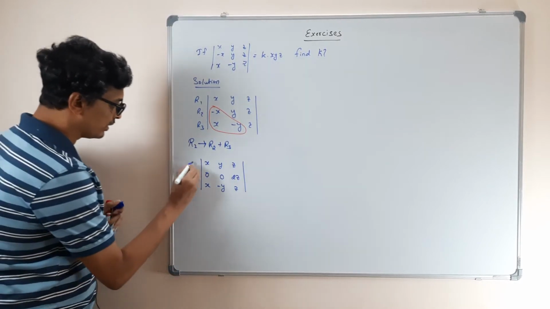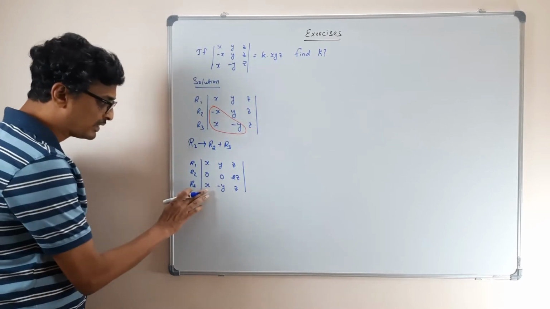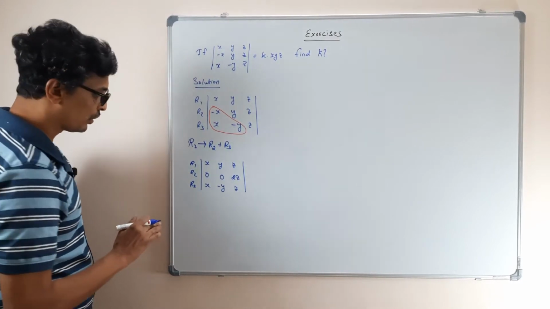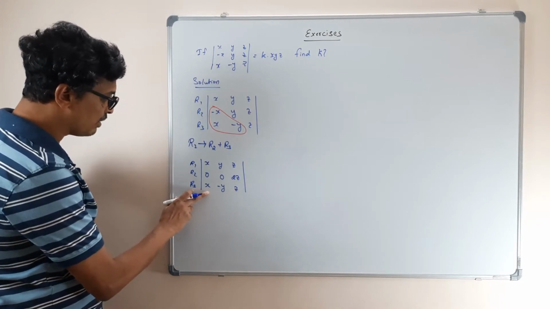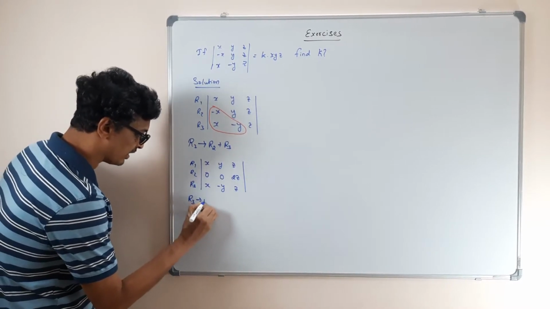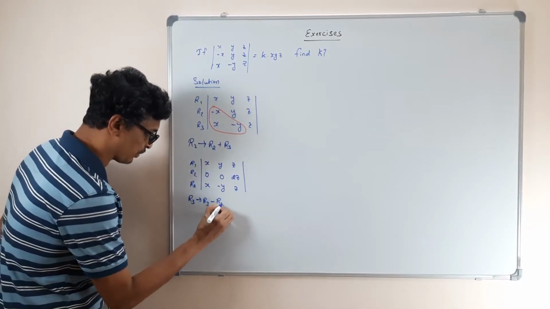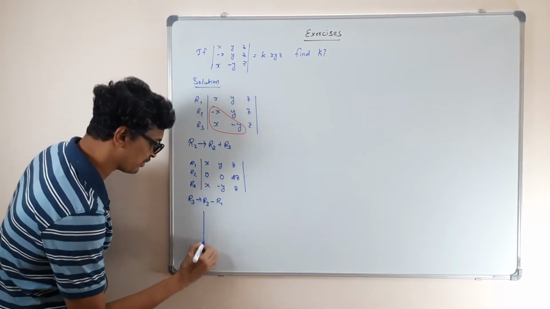So now again this is my row 1, row 2 and row 3. I have to make this one 0, correct? How will I make this one 0? I can take row 3 minus row 1, correct? If I make R3 as R3 minus R1, then this also becomes 0, correct? So tell me what it will be.